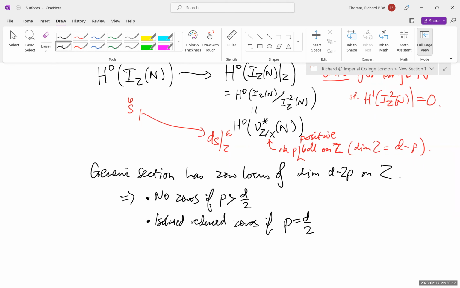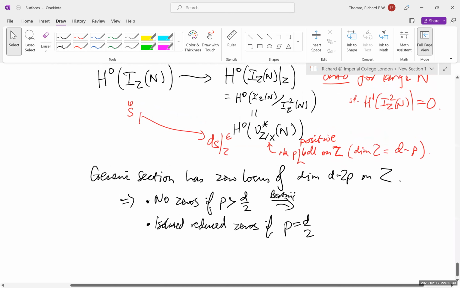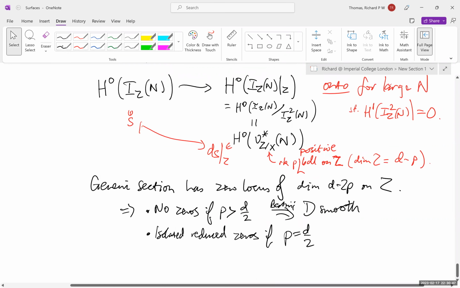Okay, and so now by Bertini, the generic S, remember this map from S to DS was onto, so if I lift one, the generic lift is smooth everywhere, because the base locus of these sections which vanish on Z, these sections in the left-hand side, is just Z. So Bertini tells you the only place you get singularities in the generic element is along Z. And then I've analyzed them along Z to see when you have zeros.